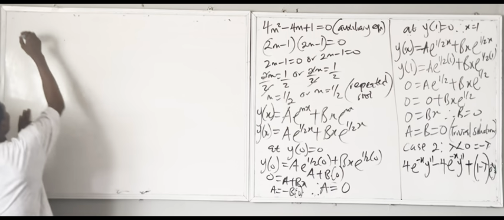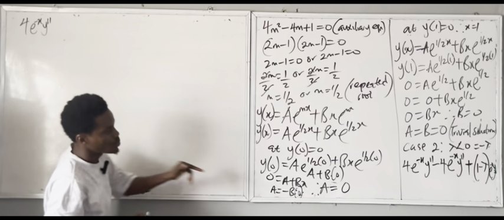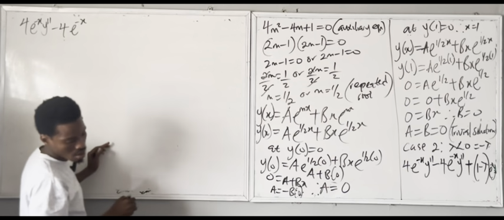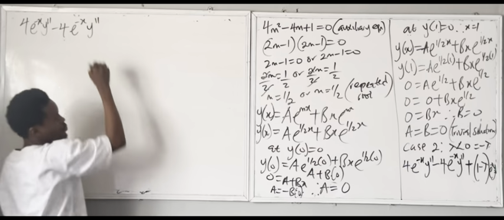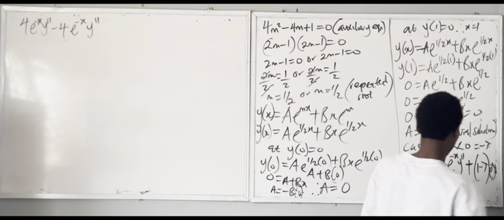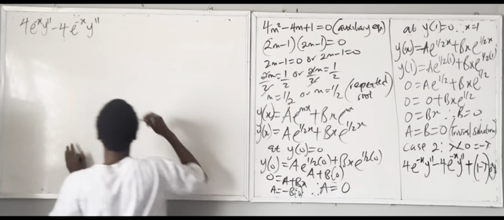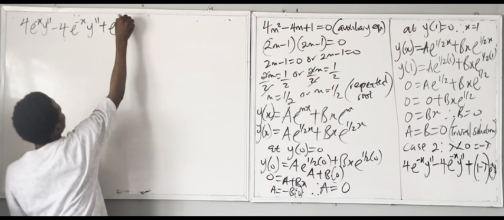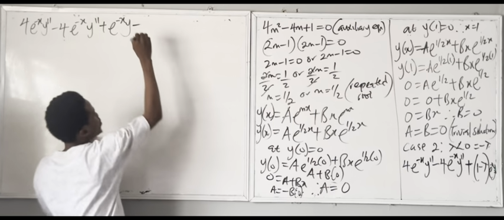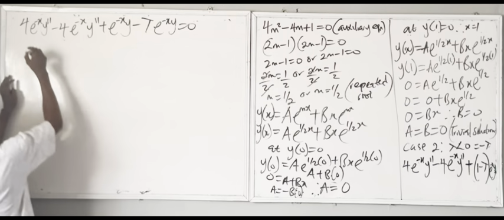So I'm going to have 4 exponential minus x y double prime, then minus 4 exponential minus x y prime, and then followed by plus 1 minus lambda. If I use 1 to multiply exponential minus x y, I'm going to have plus exponential minus x y, then minus lambda exponential minus x y.